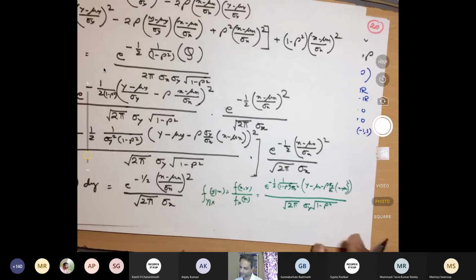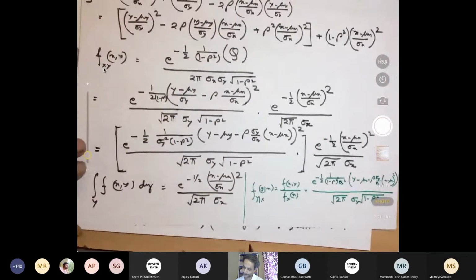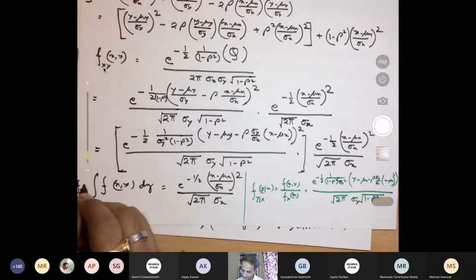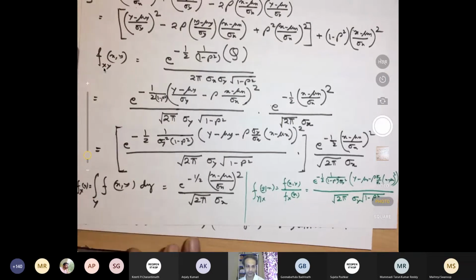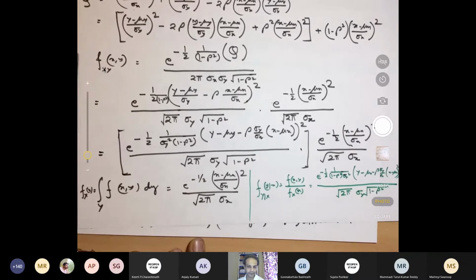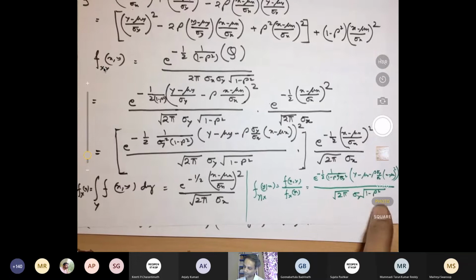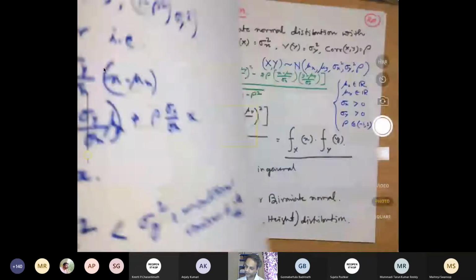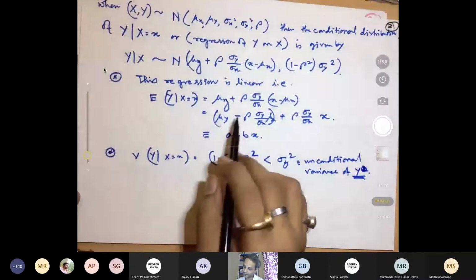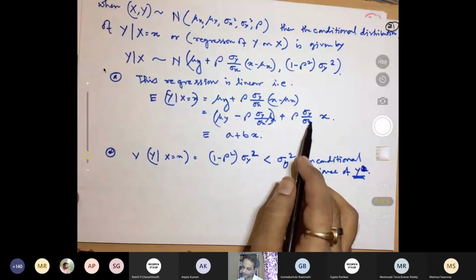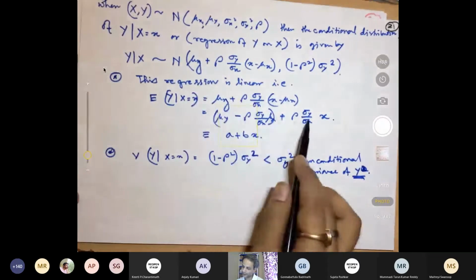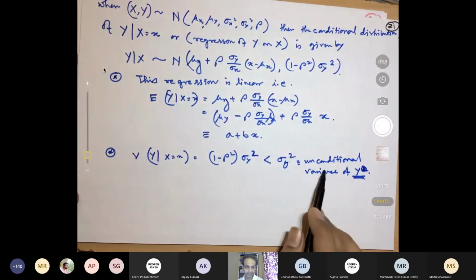So this is nothing but f x is the marginal density, and this is the conditional density. As a consequence, what we have already claimed is that the conditional mean is this and the conditional variance is this.